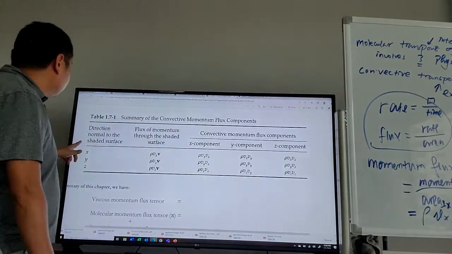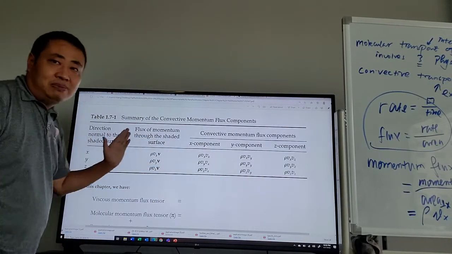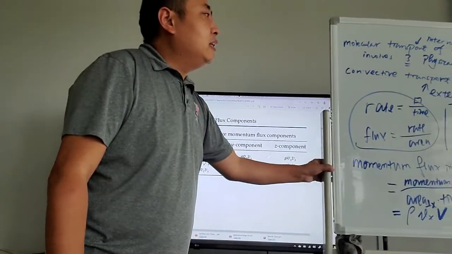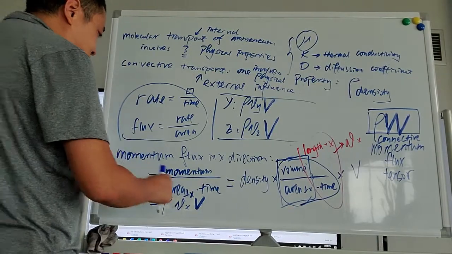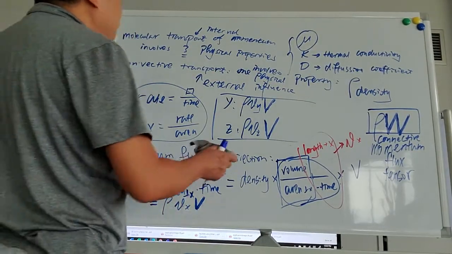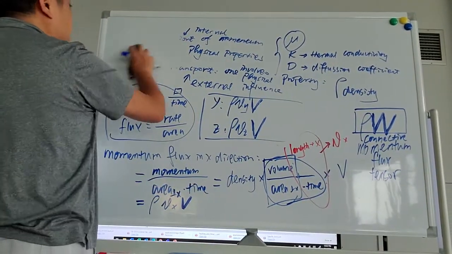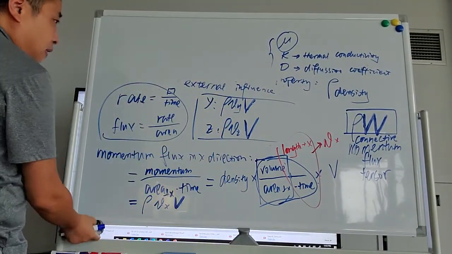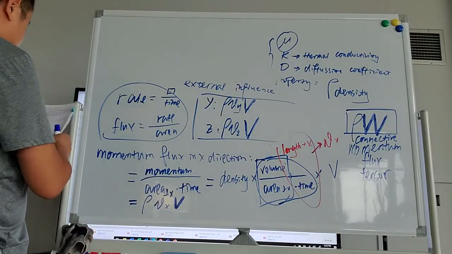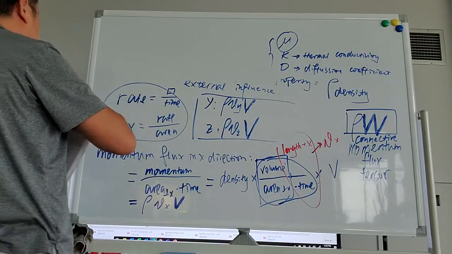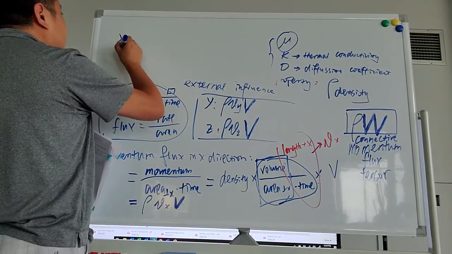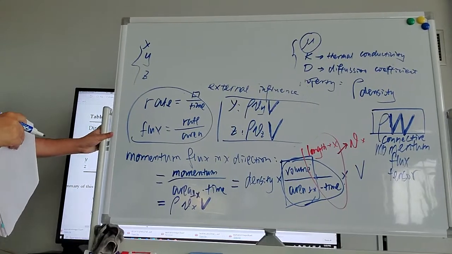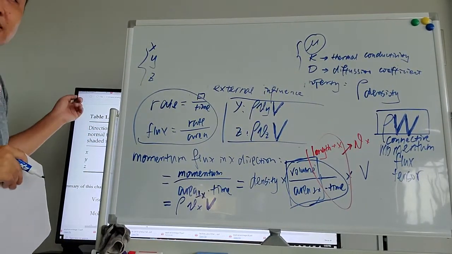Or we are talking about the shaded surface, which is perpendicular to x, to y, to z.